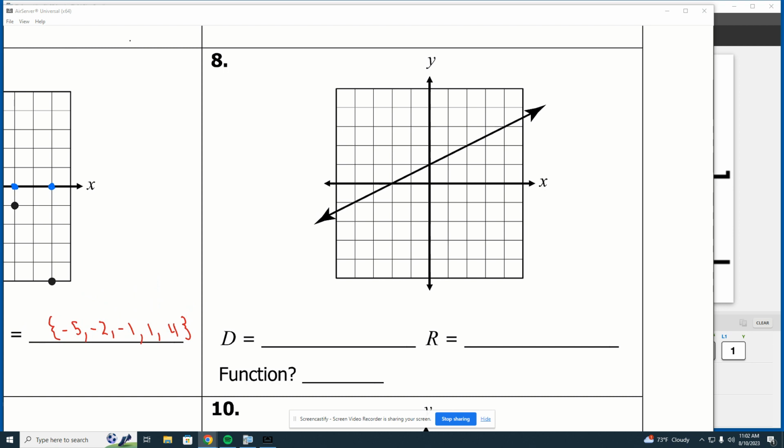So for domain, I would go, well, hey, how far does this thing go to the left? How far does this thing go to the right? And that would be my two values that I would name in that interval. For range, for y, I would say, hey, how far can it go down? And then I would say, well, how far can it go up? And those two values would be the interval for my range.